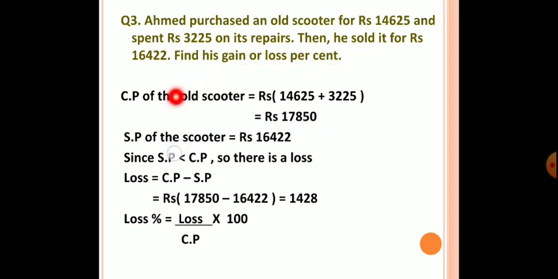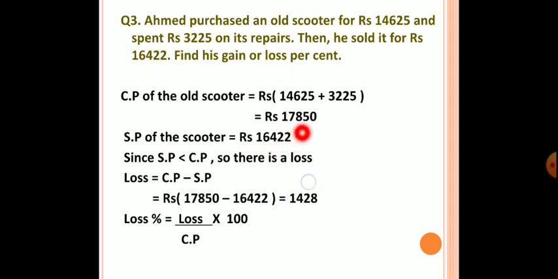So first, the actual price of the scooter. The actual price of the old scooter is equal to rupees 14,625 plus 3,225, that is the overhead expenses, which is equal to rupees 17,850.